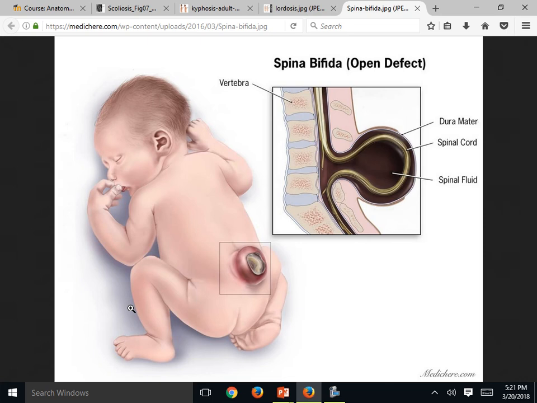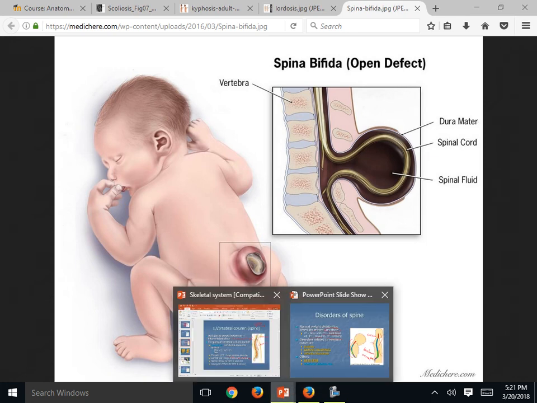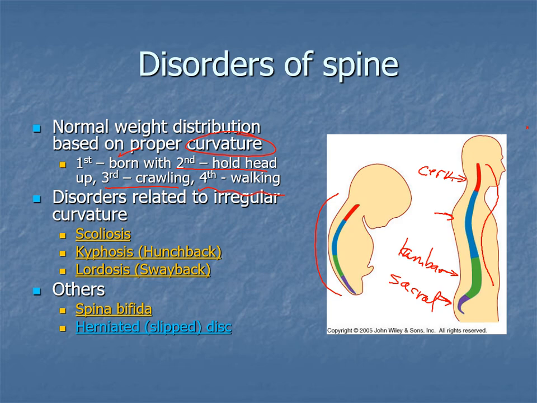The skin would not cover that completely, so part of the risk is the spinal cord is very vulnerable in this state. Now they can surgically reduce the pressure of the fluid, get the spinal cord to go back in, and then seal everything up. They'd have to pull the lamellae of the vertebrae together. But someone who has spina bifida, that's what that's talking about. And I can go over that a little bit more in detail in class.